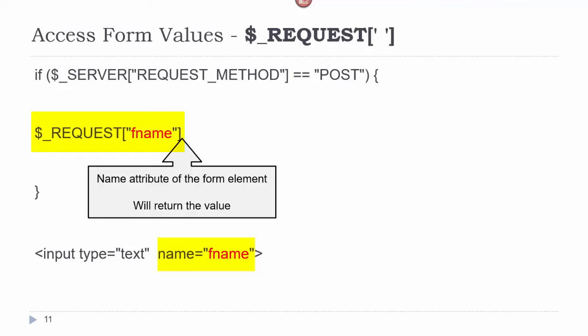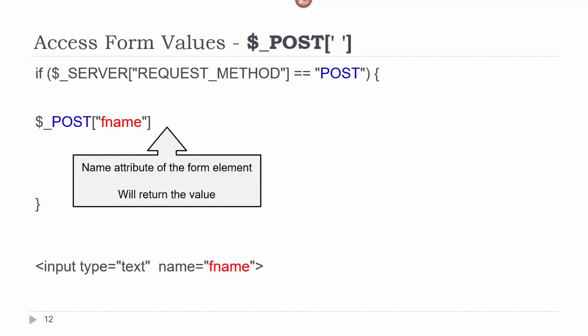Remember, the server sends over the name-value pairs, and we need to intercept that name in order to retrieve the value. And yes, you would do this for every field in your form. Next week, we will learn how to loop through them, which saves some time. We also have the $_POST server variable. And if you were to use the name of the form element as a parameter, it will return the value.